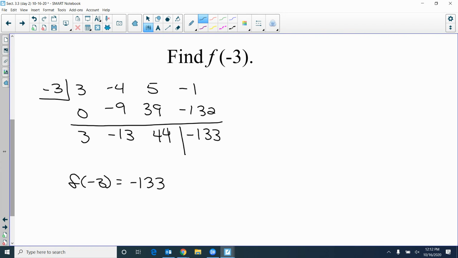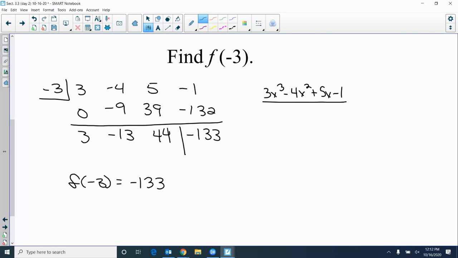Okay, what did we just figure out here? We figured out that 3x cubed minus 4x squared plus 5x minus 1 divided by what? x plus 3.